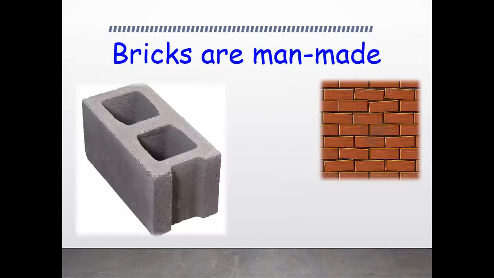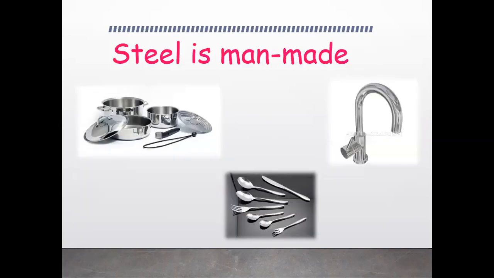Okay, bricks, they are man-made. He took the rock from nature, but he made shapes in it, he polished it, so it's man-made. Steel, it's man-made. He made from it the cooking utensils, the spoons, forks and everything.